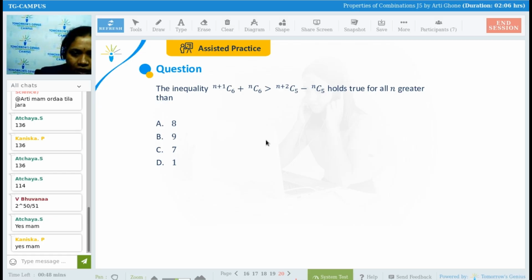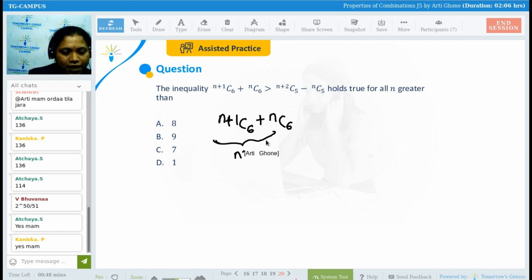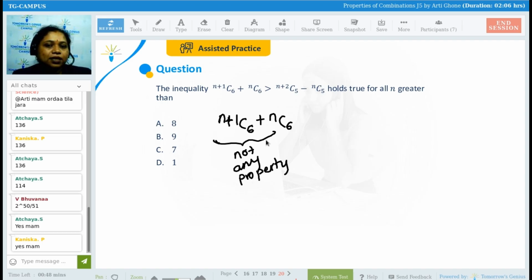First thing, if you see, this is N plus 1 C6 plus N C6, but if you observe these two, no property is applicable, because our properties show the change in R value, not in N value. Clear? Here N value is changed, which is not applicable for the time being.